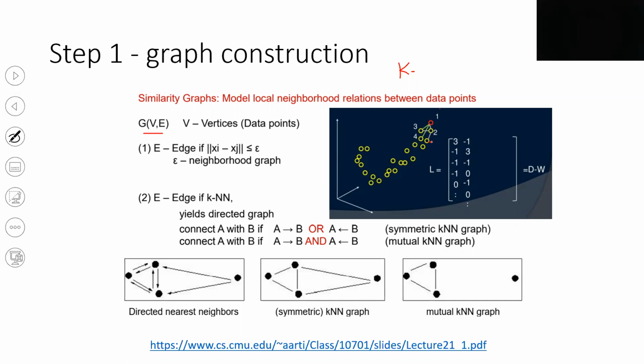Anyway, you can do this for each data point. Look at the 3 neighbors and make a link. And you create a structure of the network. The links between nodes are recorded in this W. So if it's linked, put 1. And the degree is the number of partners each node has.